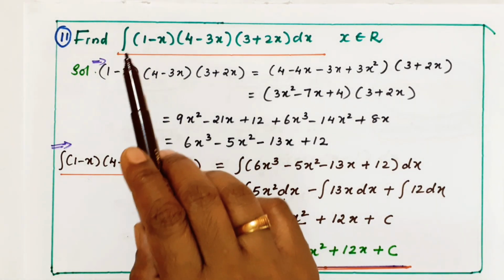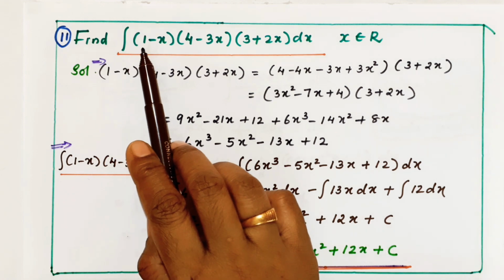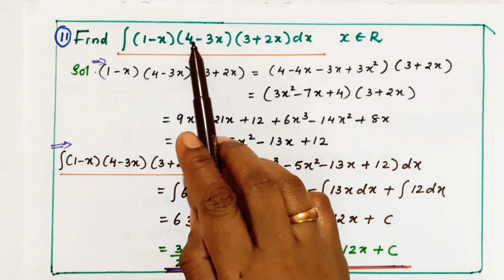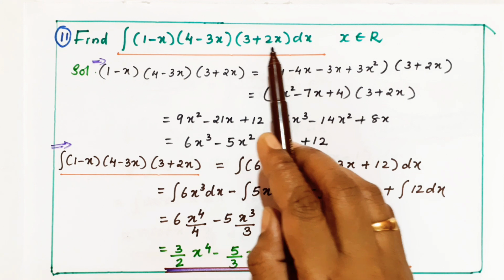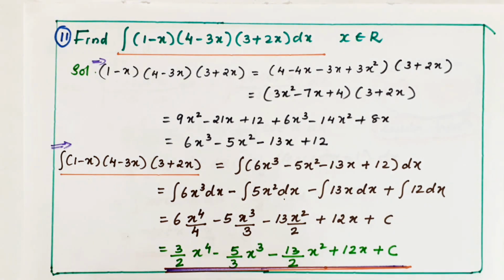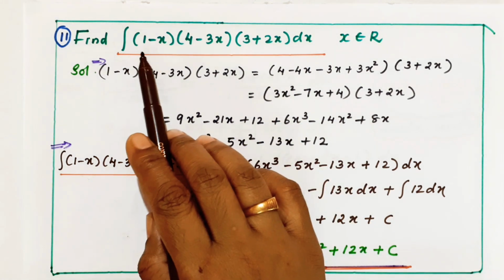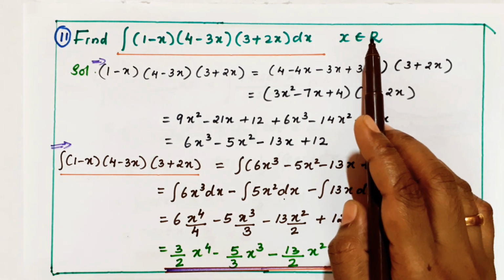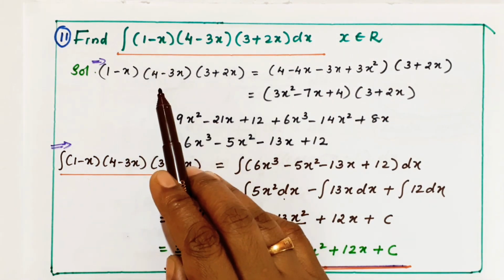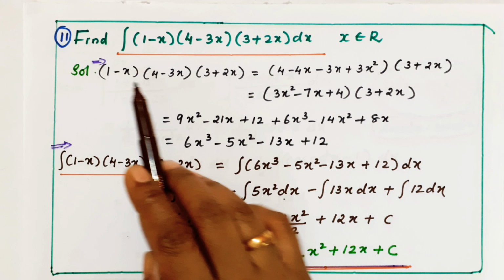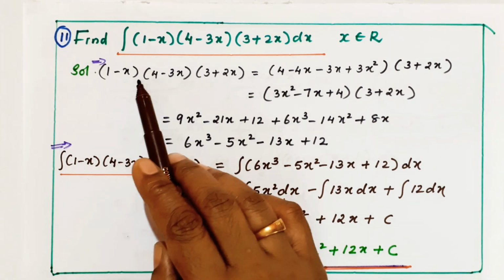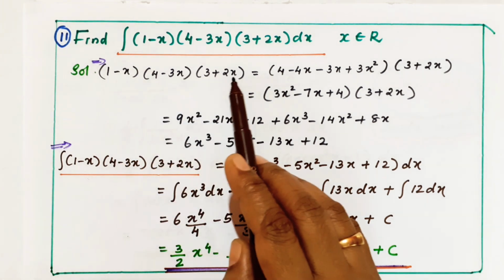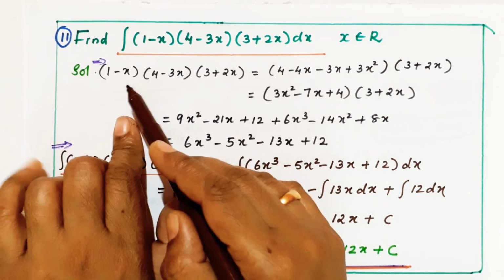Find integral of 1 minus x into 4 minus x into 3 plus 2x dx. This also you see we have to open the bracket. So what I did is I am expanding this: 1 minus x into 4 minus 3x into 3 plus 2x. So first I open these two.